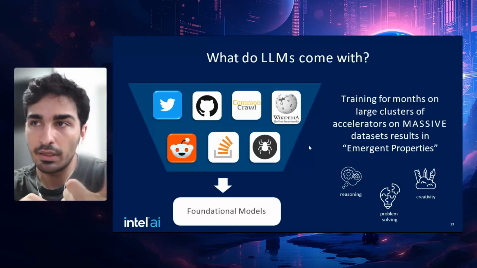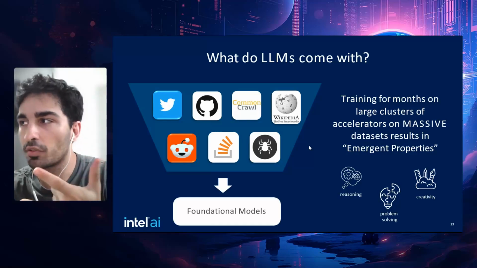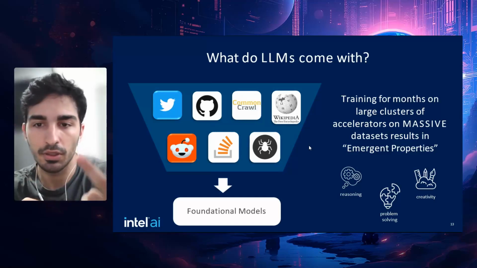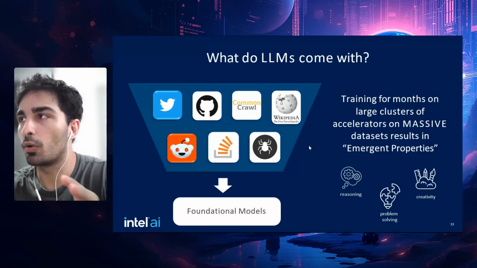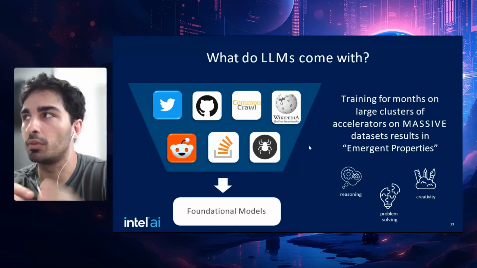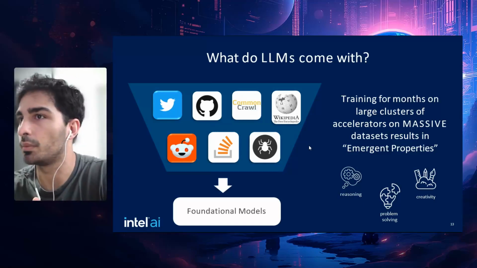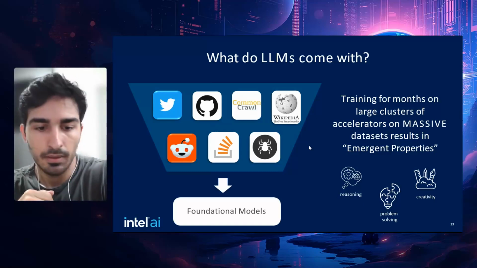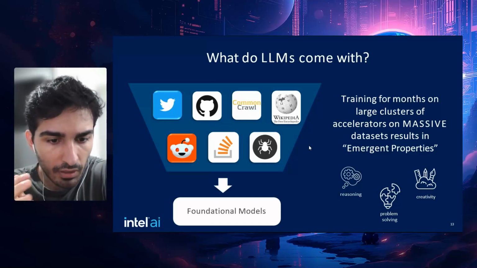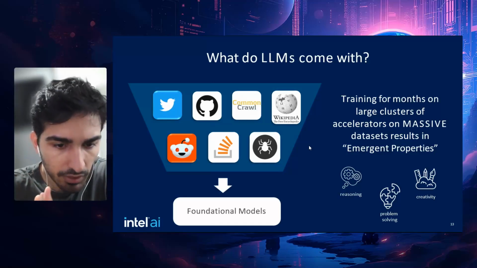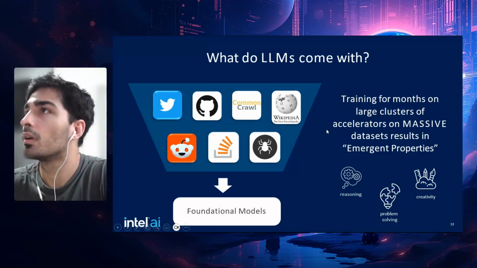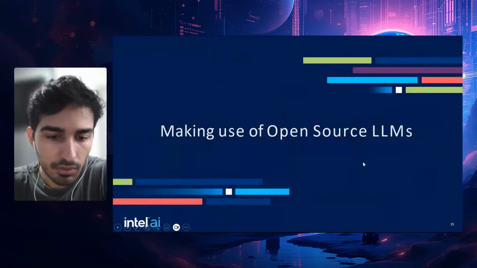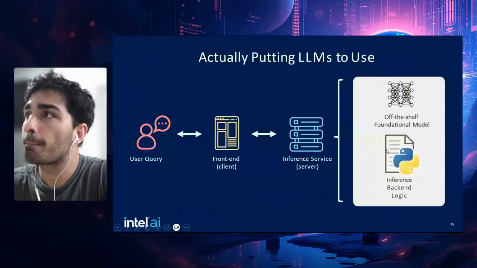It's the reasoning capabilities, the problem solving capability, and also the creativity capabilities, and so on. Those three cores are what define the emergent properties of the LLMs. Does this explain, or is it still a little vague?